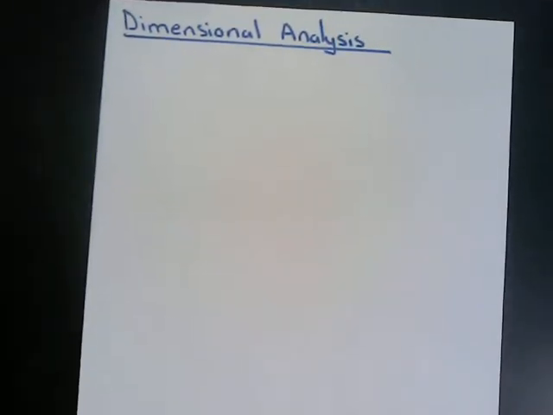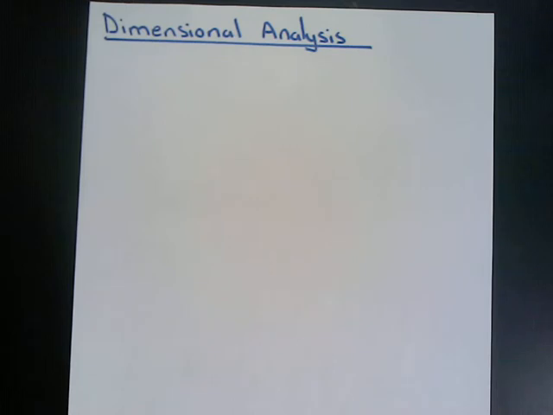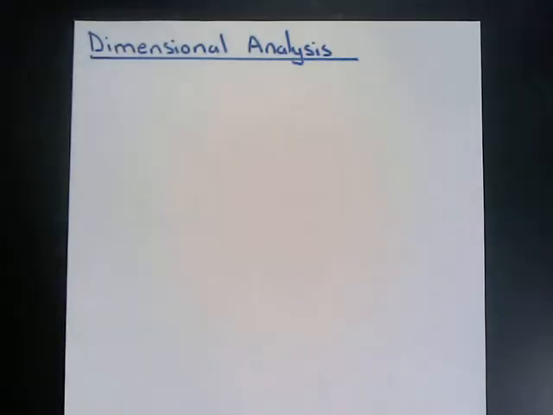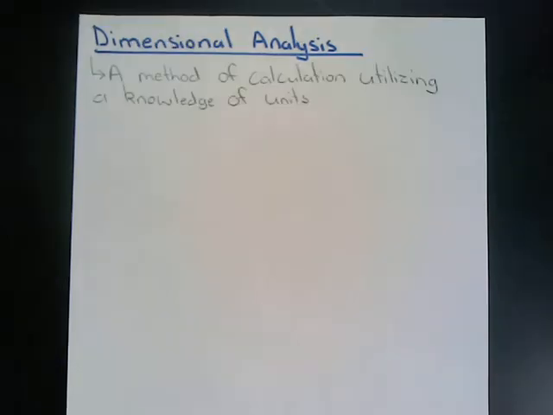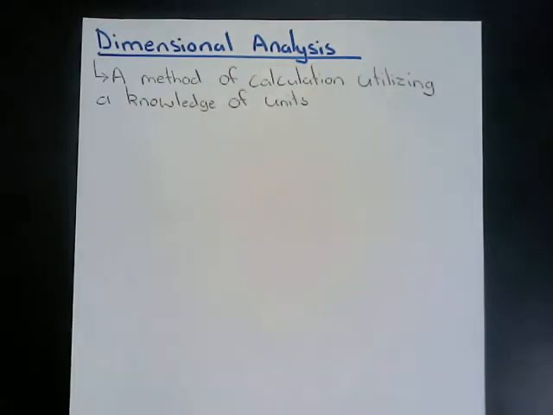So we get to dimensional analysis, which we started to do in the previous day of notes. With dimensional analysis, number one, it's just a method of calculation utilizing a knowledge of units. So it's just saying given units can be multiplied and divided to give the desired unit.